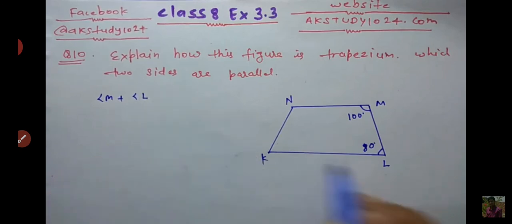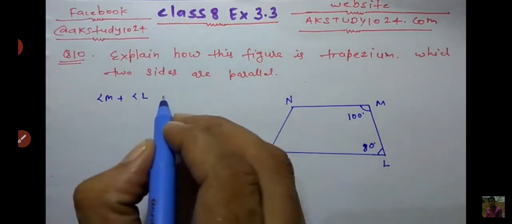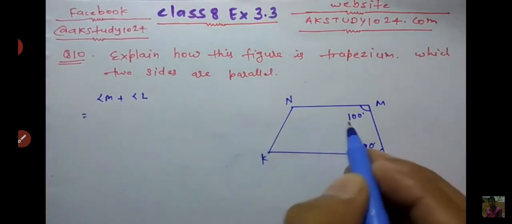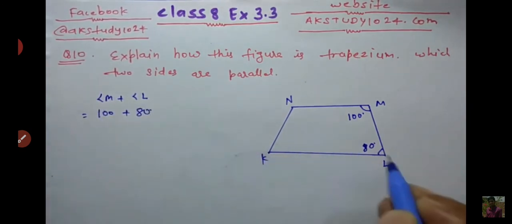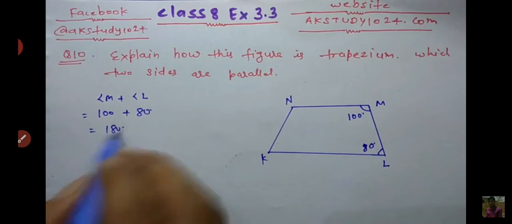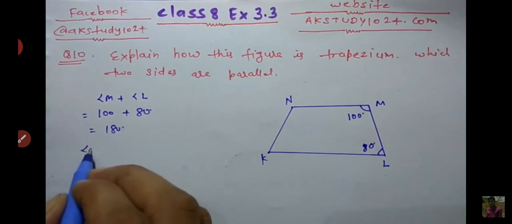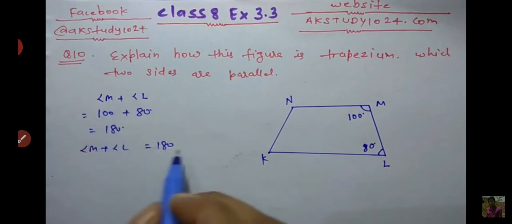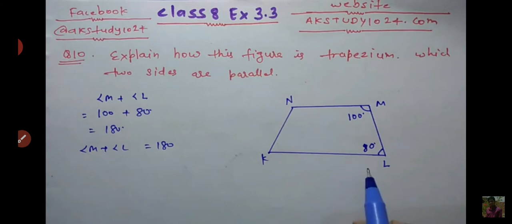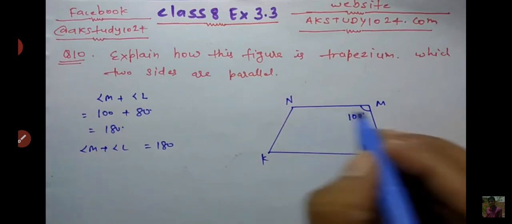then the sum of adjacent angles is 180 degrees. So angle M plus angle L is 180 degrees? Yes. 100 plus 80 is equal to 180 degrees. Okay, so what is the reason? Because the sum of angle M and angle L is 180 degrees. You have to write the reason.